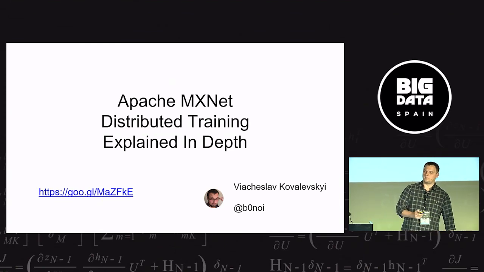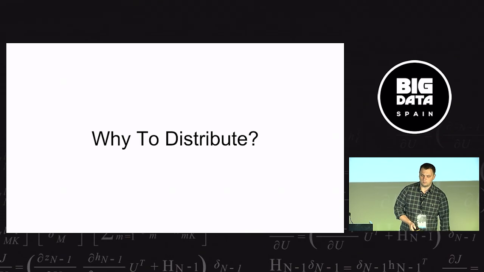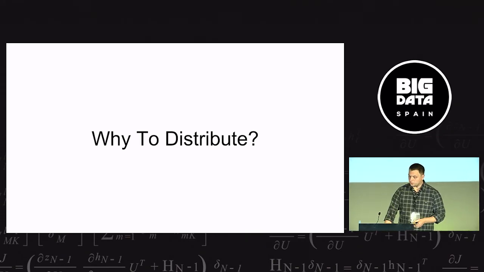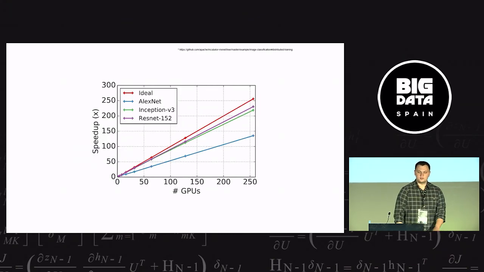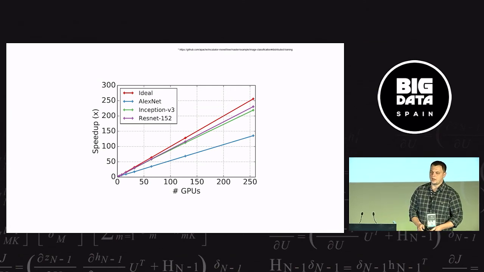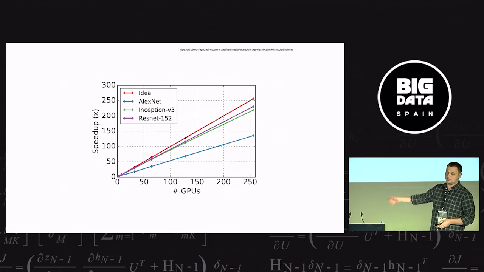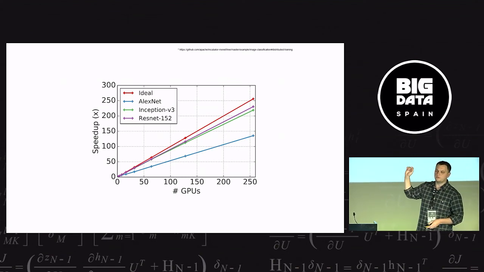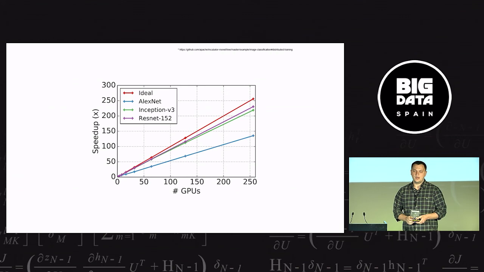So let's start the actual presentation by answering one question: why distribute? I'm going to show you this simple and small image. It's from the official Apache MXNet repository and shows on the x-axis how many GPUs you're using to train your model, and on the y-axis how much speed you actually gain with this number of GPUs.